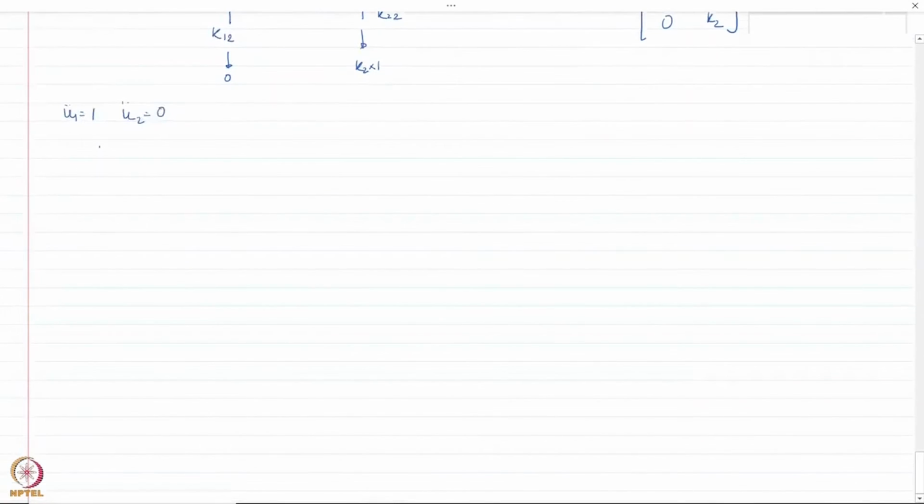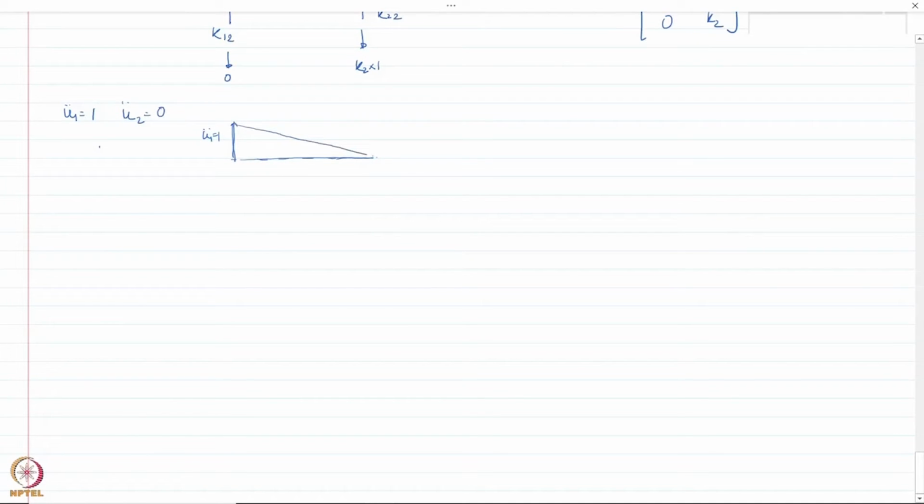So in this case, I have unit acceleration at this point and 0 acceleration at this point. Remember, we only consider mass in this one. There is no spring or anything in this system. To get the mass matrix, we only consider the mass component of the system. So unit acceleration 1, acceleration 0, and it would vary linearly between these two accelerations.